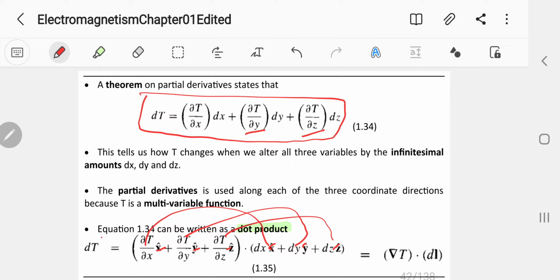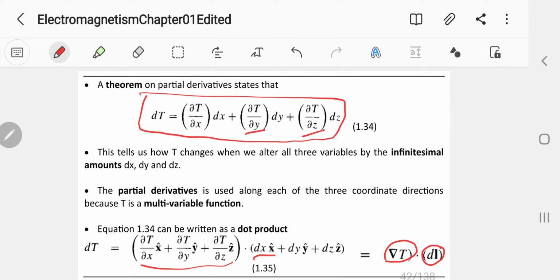And this one, the total derivative of T, that is the sum of the partial derivatives with respect to x, y, and z, you can write as del of T, which is this one, and dl here, which is this one.